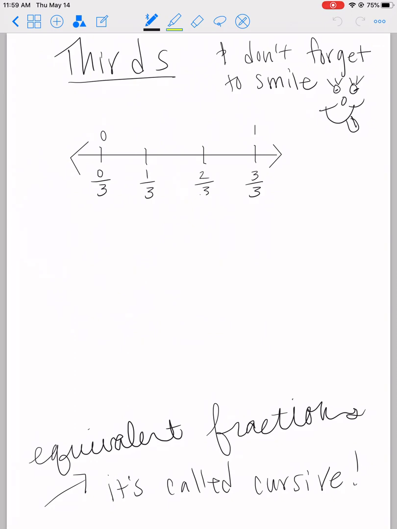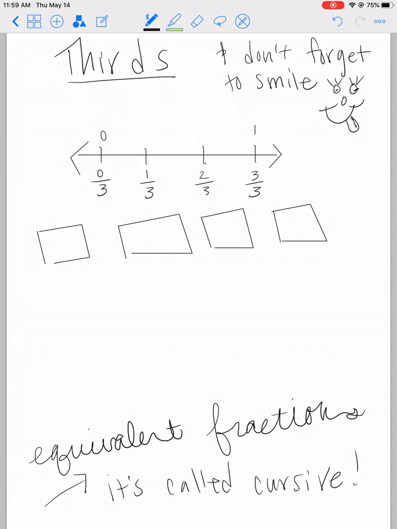We're going to do 4 of them. Okay, so 1, 2, 3, 4. Sorry guys, I'm not perfect. This whole square is equal to 1. This whole square is equal to 1. This whole square is equal to 1. Hold on, my timer's going off. Okay. And then this whole square is equal to 1.